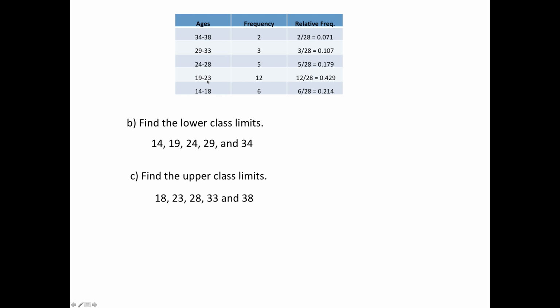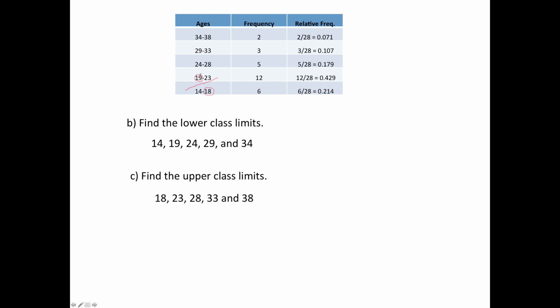Then the boundaries. So if you go from one class to the next class, and we're going from 18 to 19, then what's the dividing point between those two? So between an 18 and a 19, that would be 18.5.